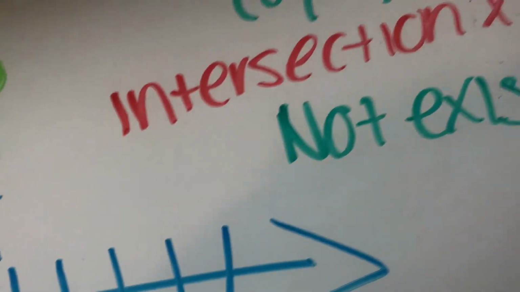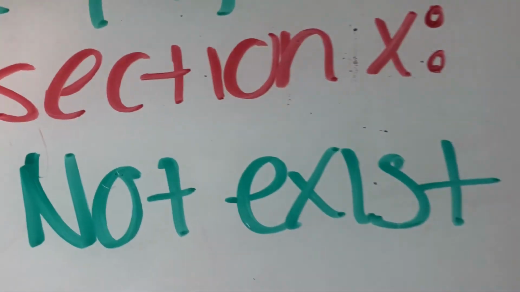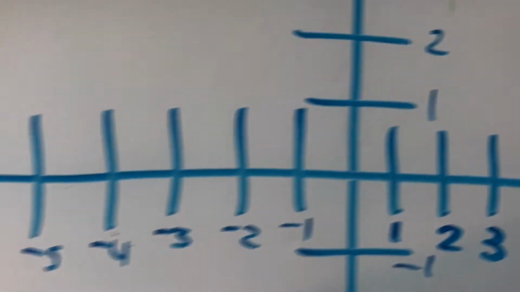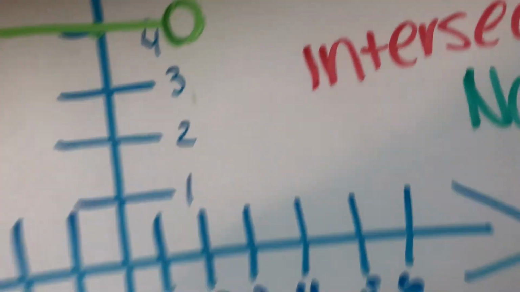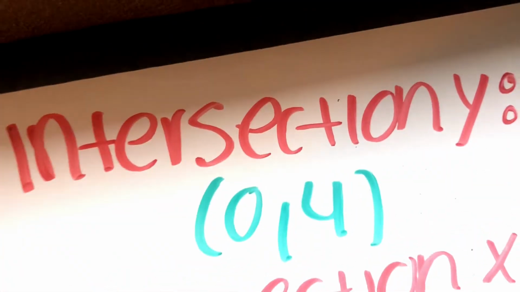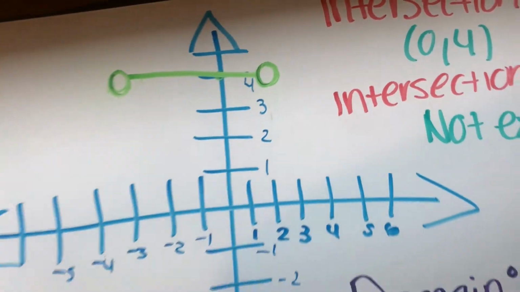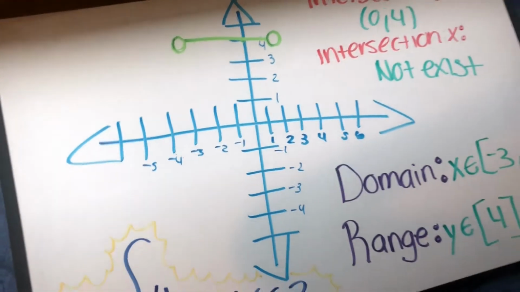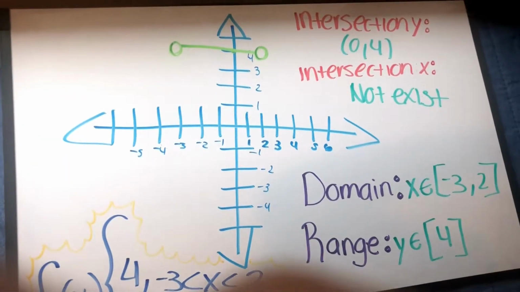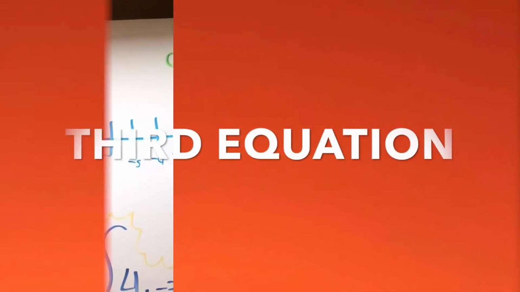Now, if we're looking for the intersections, on the x-axis there would be no intersections because the line never touches the x-axis. And on the y-axis there would be one intersection, that would be 0, 4. And that's how our graph looks.